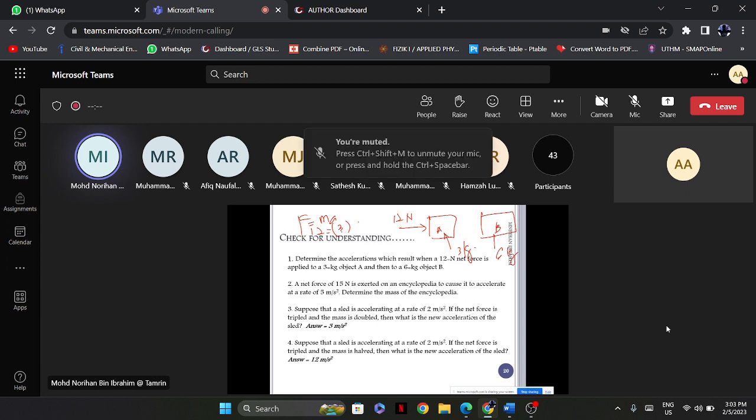So in this case, A is equal to 12 divided by 3, which is 4 meters per second squared.